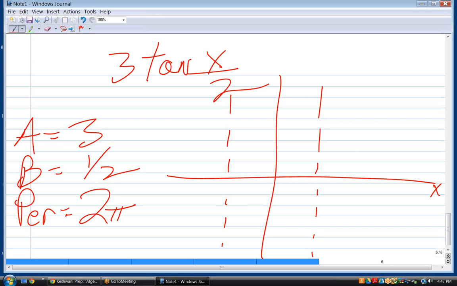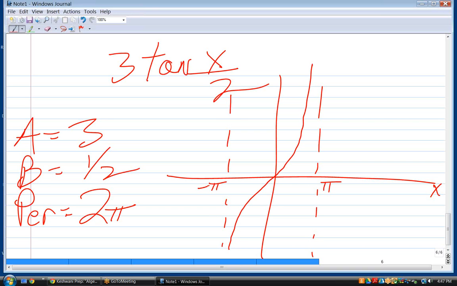So that one on the left would be at -2 pi? No. For tangent, the distance between the asymptotes equals the period. In other words, I can draw one full period of tangent with two asymptotes.